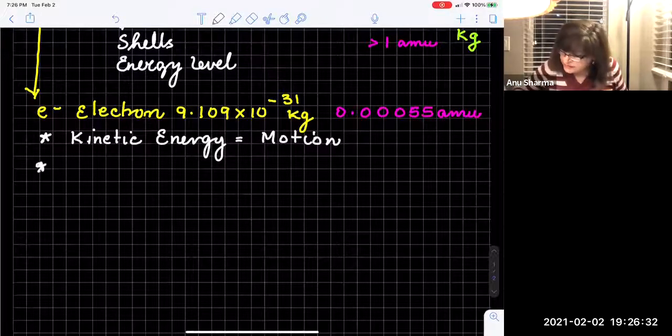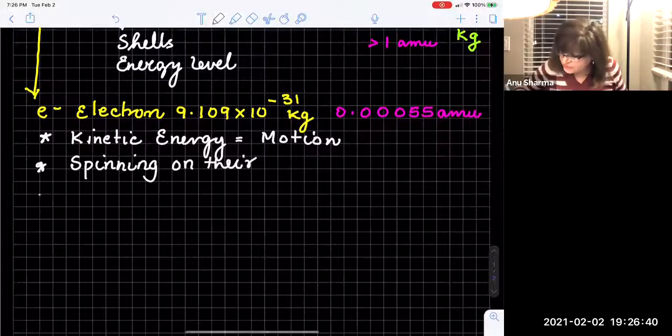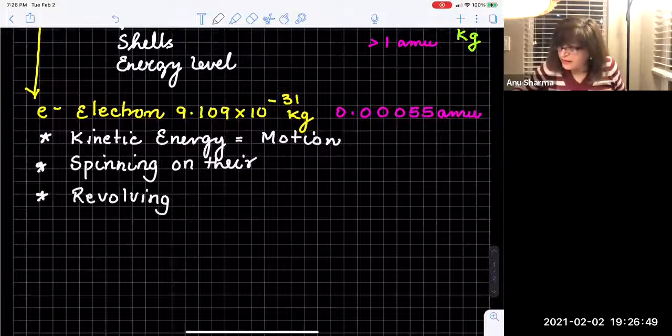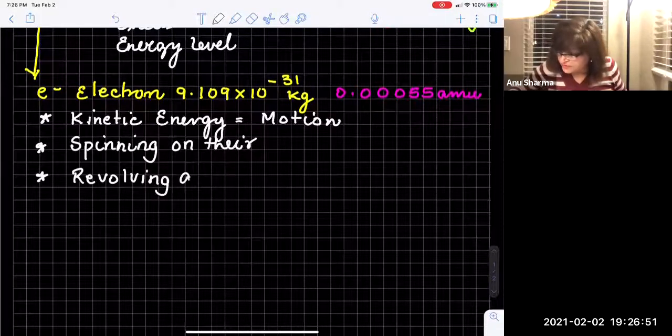How are they moving? They are spinning on their axis, and they're also revolving, just like the earth revolves around the sun. So these electrons are also revolving around the nucleus, but they are in very specific energy levels around the nucleus.